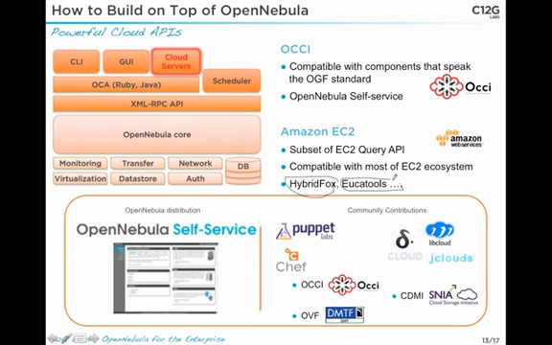On top of the OCCI, we have shipped out of the box with OpenNebula the OpenNebula self-service, which is basically a web interface designed for public end users. So you can see Sandstone as an internal and also administrators interface, and the self-service for more externally detached users.